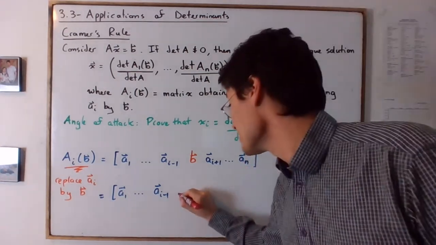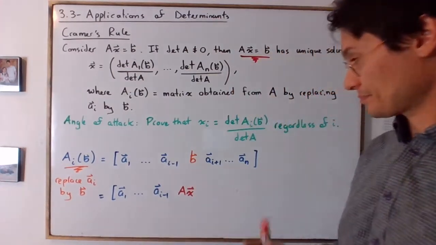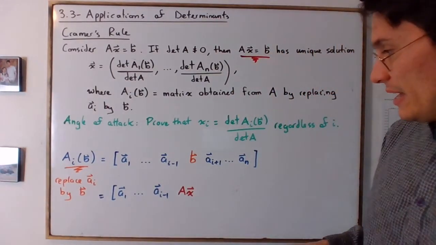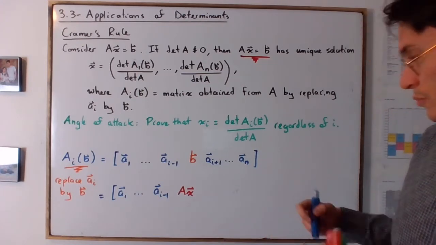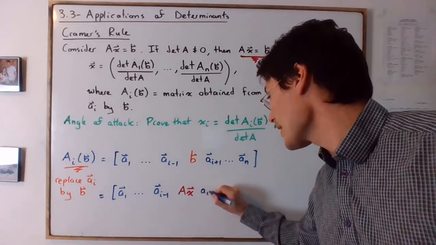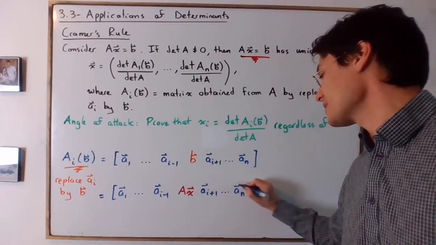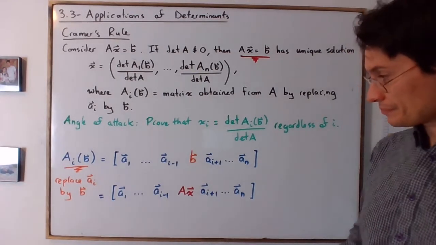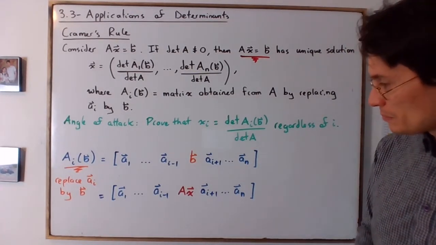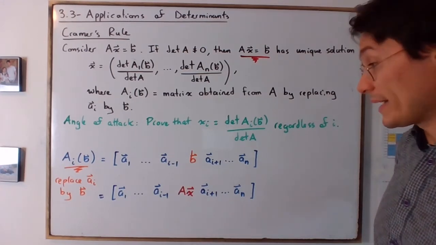So this will give you A times X, and now we will have A(i+1) all the way up to An.